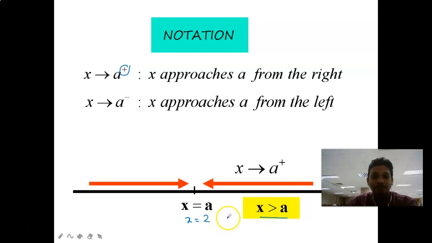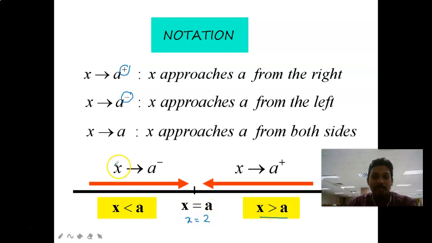And this is x approaching a from the left, where all values of x are less than a. When x approaches a from both sides, left and right, we say that x approaches a.